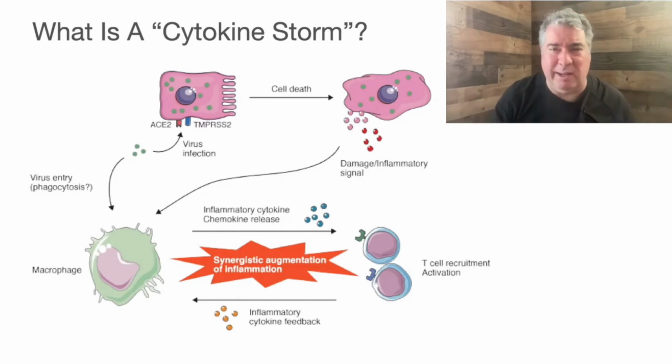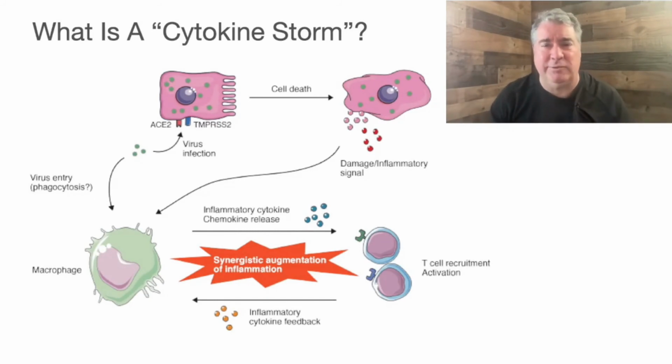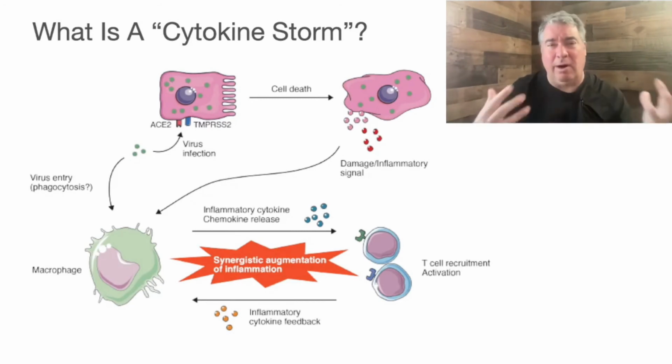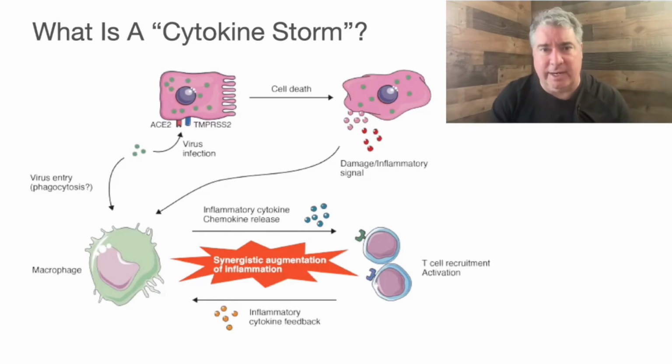You start accumulating fluid, you start decreasing the efficiency of gas transfer in the lung, and that's what's causing the problems. There are a lot of medications out there now that target specific cytokines and can bind those.